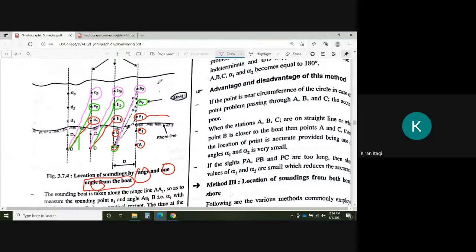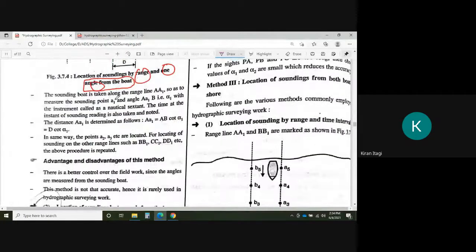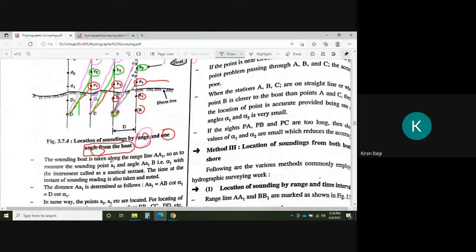When they are taking the readings, they simultaneously do sounding. This is what locating of sounding by ranging and one angle from the boat is.